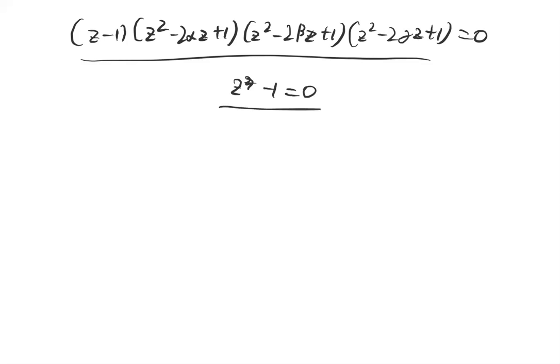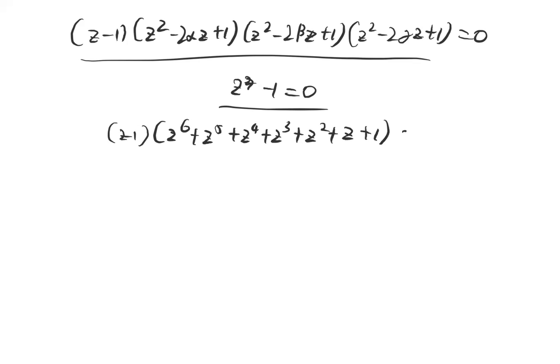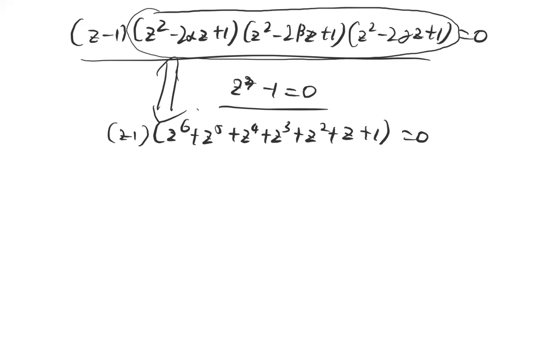We can factorize this using the formula: z minus 1 times z to the power of 6, z to the power of 5, z to the power of 4, z to the power of 3, z to the power of 2, plus z plus 1 equals 0. If we compare these two expressions, we notice that this part is the same as this part. So immediately we can notice how we can find the values for each of A, B, and C.